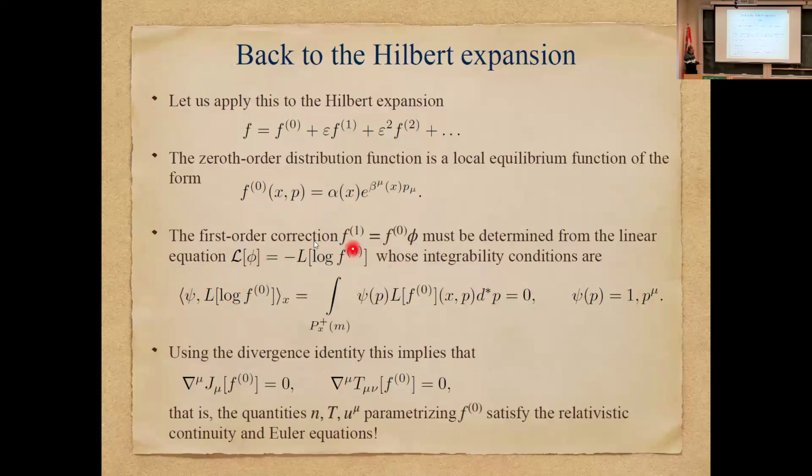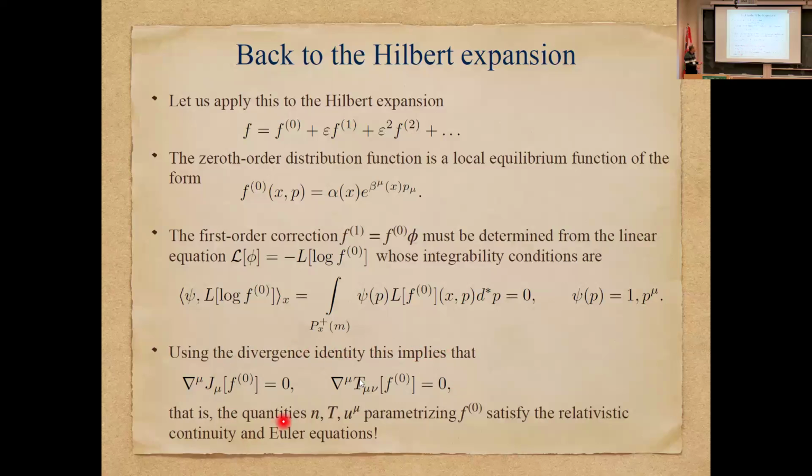For the integrability of this equation, we need these integrals to be 0 for any collision invariant psi. Now, if you use again the divergence identity I told you about yesterday, this means that the divergence of the current density constructed from F0 should be 0, and the divergence of T mu nu constructed out of F0 should be 0.